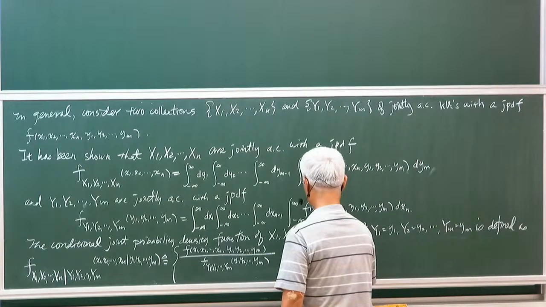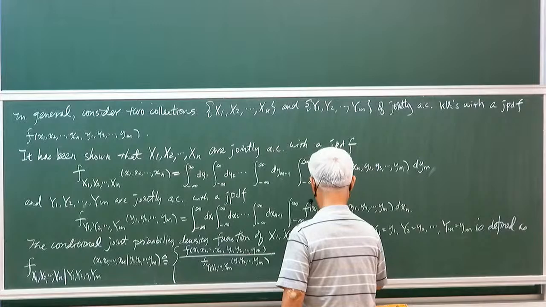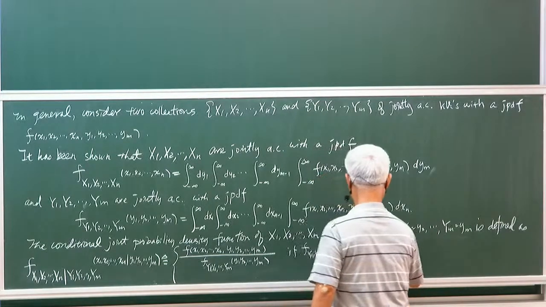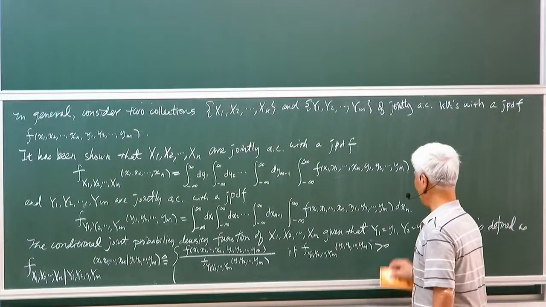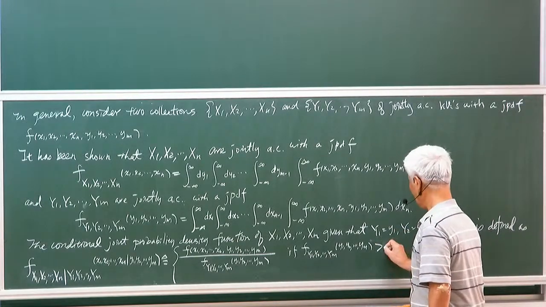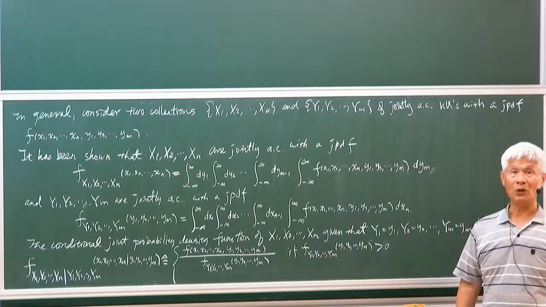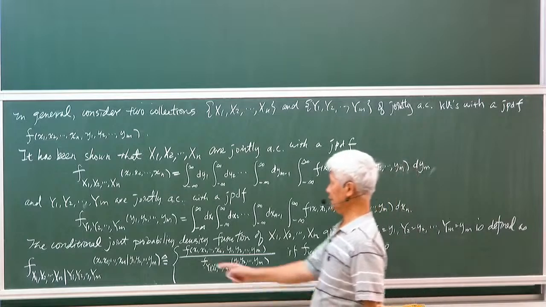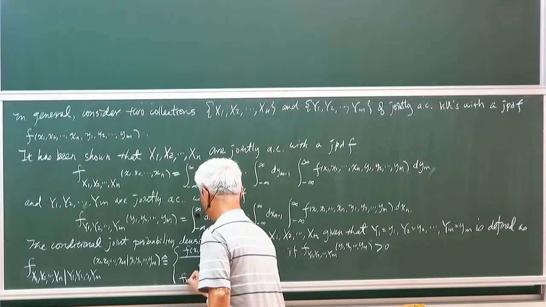When this marginal joint PDF of y random variables is equal to 0, then this conditional joint PDF becomes the unconditional one.